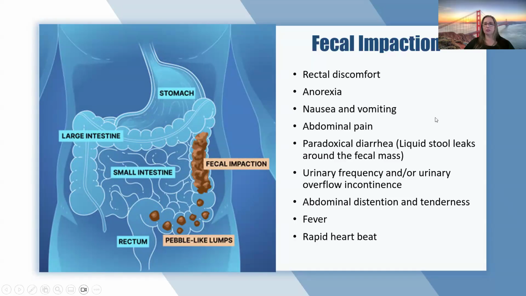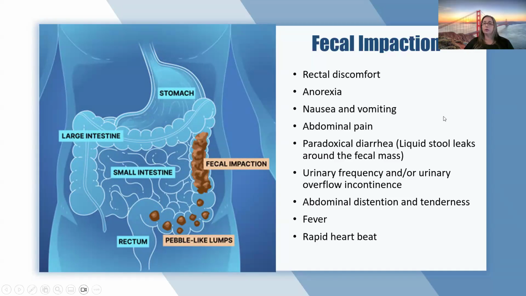So, they're going to start feeling nauseated. They may be throwing up. Usually there's complaints of abdominal pain, especially if you press lightly on the abdomen on that left side. It's usually very painful, and their abdomen may be very firm in that area.